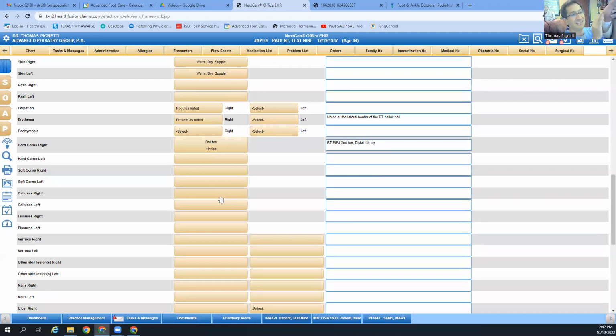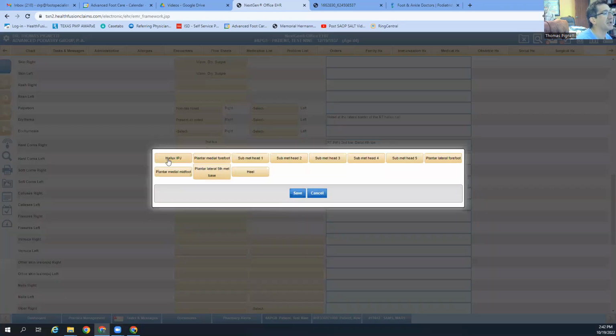They're going to be around the heel and on the bottom of the foot. They don't have the hard cores, so they don't look like little mountains typically. You can see where we have the hallux IPJ, either on the side or on the bottom. Plantar medial forefoot, submet 1, 2, 3, 4, 5, plantar lateral forefoot, plantar medial midfoot, plantar lateral fifth met base, and heel.